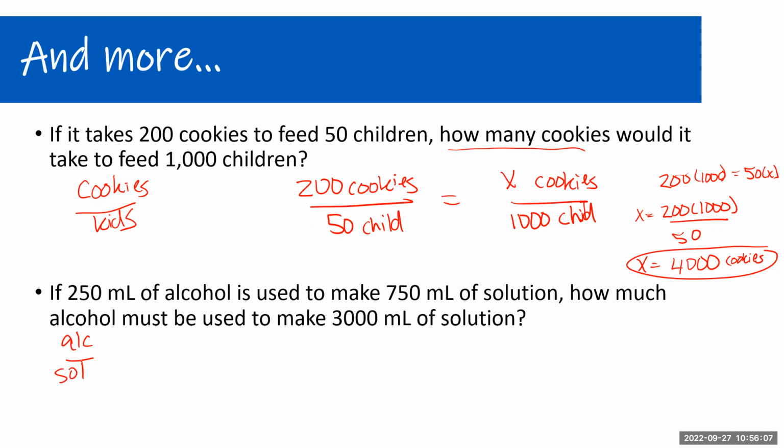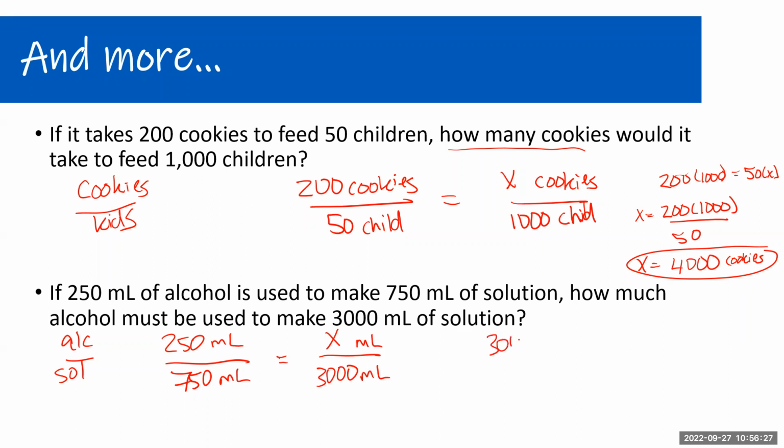That'll help us keep it straight, okay? So we know that we have 250 milliliters of alcohol for 750 milliliters of solution. And now we don't know how much alcohol we need for 3,000 milliliters of solution, okay?